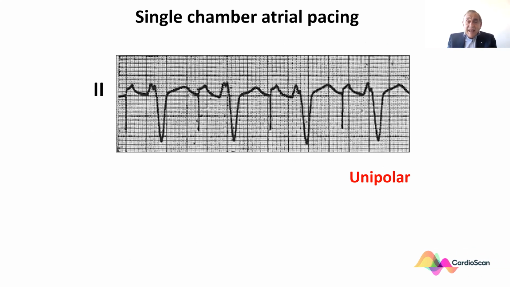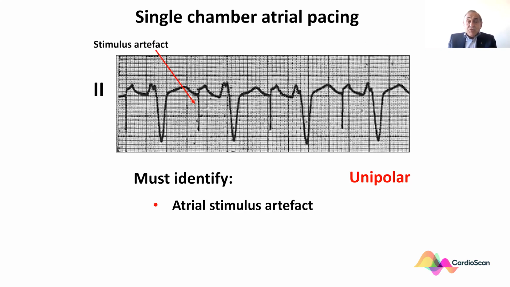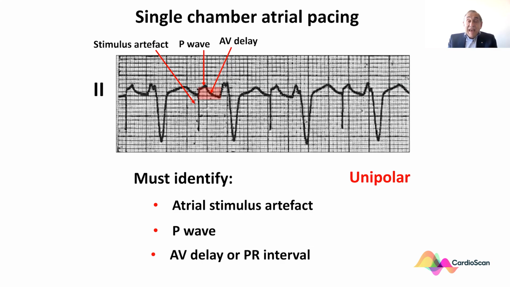You can see it's unipolar, and in order to identify atrial pacing, we must see an atrial stimulus artifact, which is large. We must see a P wave that follows, and we have then an AV delay or PR interval.